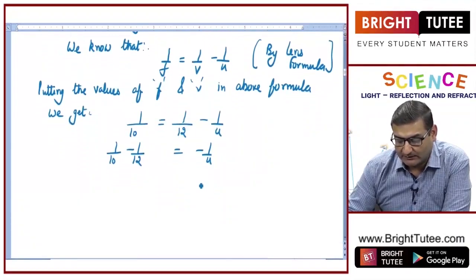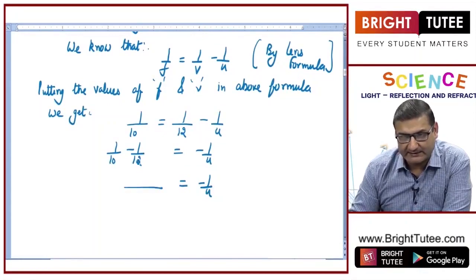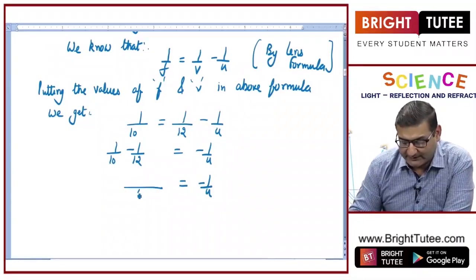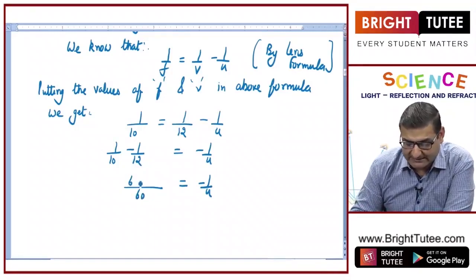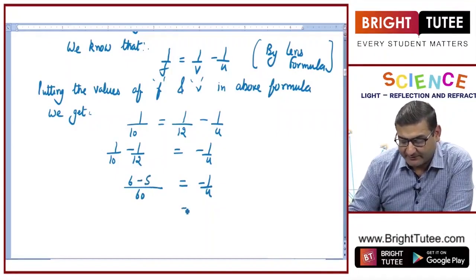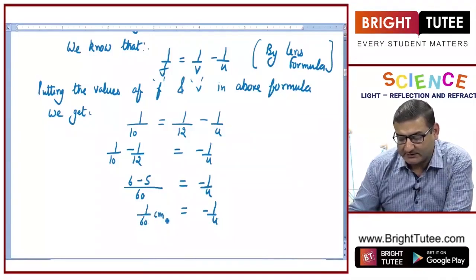So now the equation becomes minus 1 by u is equal to, taking the LCM of 10 and 12, I'll take it to be 60. So it becomes now 6 minus 5. So minus 1 upon u comes out to be 1 upon 60 centimeters.